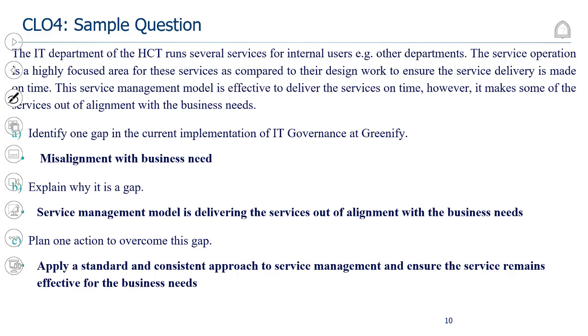So I'm not going to spend much time on this. It's very intuitive, but this is why I was saying, even though we are not assessing CLO1, you can see where CLO1 actually comes in. It is implicitly tested in this particular CLO.